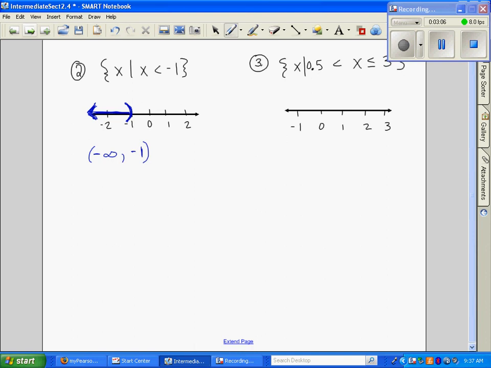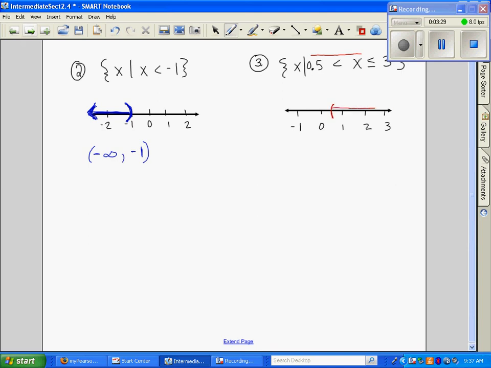Number 3 is a compound inequality in which we have two values that have a relationship to x. As I read these, I like to start from the center and read out from the x. X is greater than 0.5. So I go to 0.5 and I want all the values that are greater than 0.5.